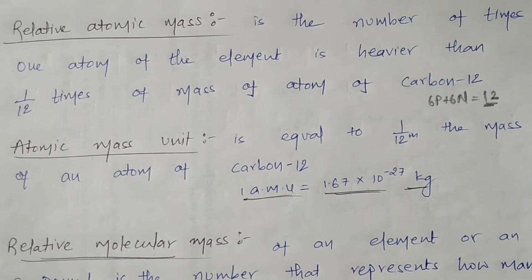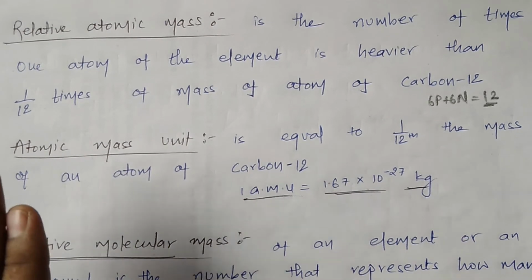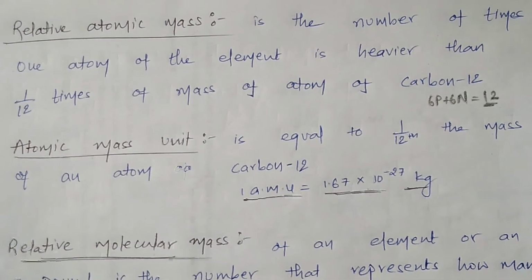It is the same as how you weigh. In a pan, if on one side you put, suppose, 2 kg and 3 kg, and on the other side you keep the vegetables, when the pan balances, what will be the relative mass of the vegetables? It will be equal to 5 kg, which you have kept on the other side of the pan. If you have kept 5 kg, then the relative mass will be 5 kg.